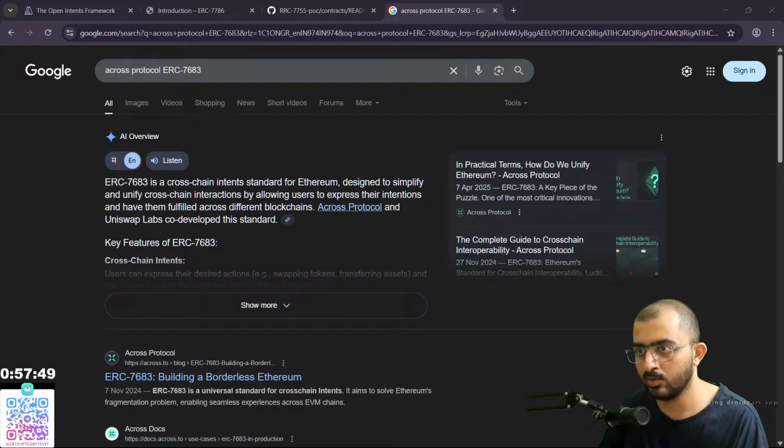Let's go through Across docs and learn about intents, ERC 7683, and learn how it works.